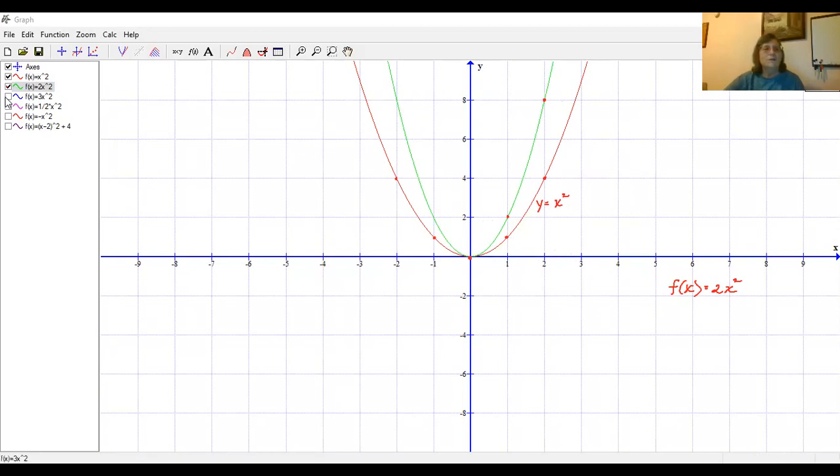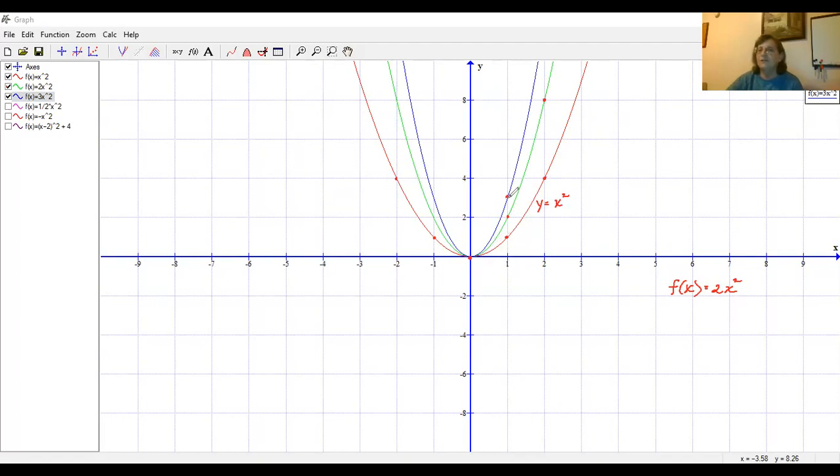We can go farther and look at the graph of y equals 3x squared. So that has 0, 0, and then 1, 3, and 2, 12. That doesn't even fit on here. But you see what's going on. Each time, this first point is what you get when you go over 1. If it's a 1x squared, it goes up 1 unit. If it's a 2x squared, it goes up 2 units.